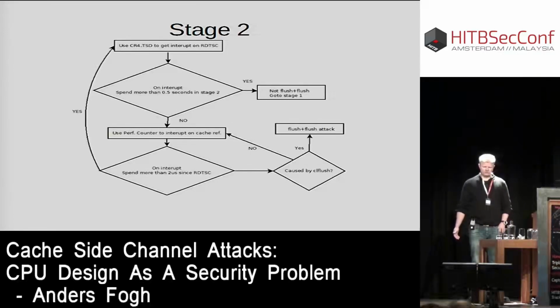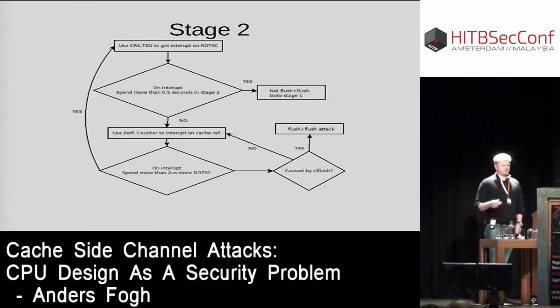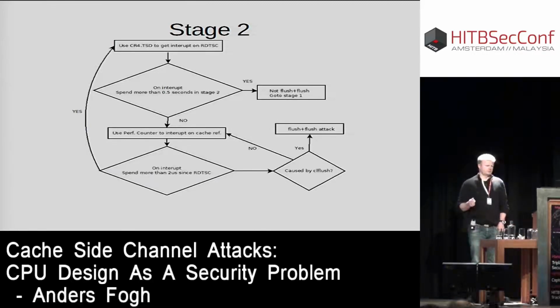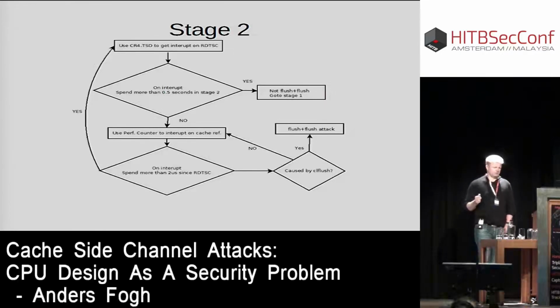In fact, so rare I have not found a benign program that actually uses one, but that's another thing. If it's not caused by a CLFLUSH instruction, we could assume that the attacker has put in a cache reference event to lead me astray to obfuscate his attack. And that's the reason that we go back to setting up the performance counters to get an interrupt on the next cache reference event. And then we just repeat from there.